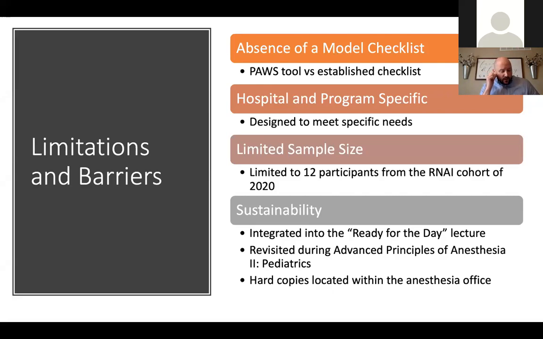Also, this tool is hospital and program specific, being that it was designed specifically to meet the needs of the anesthesia practice at the implementing facility and associated anesthesia program. Due to the specificity of the PAWS tool, the checklist may require modification prior to implementation at other institutions.